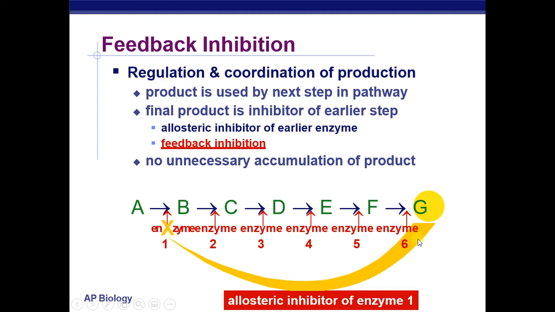So when G is being used up by the body really quickly, it isn't able to hang around and inhibit enzyme 1. But if we're not using G as fast as we're producing it, it'll eventually build up and be able to inhibit enzyme 1 and then downregulate, we call it, the production of itself.